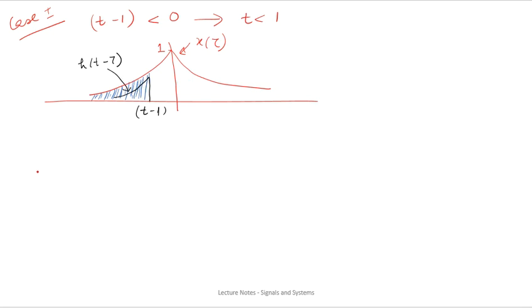From this figure you can see that the two functions will overlap for the range of minus infinity to t minus 1, isn't it? If this is tau and this is 0 and this is t minus 1, then from minus infinity up to t minus 1 the two waveforms have a common area. So you can perform the integration which is in step 3.